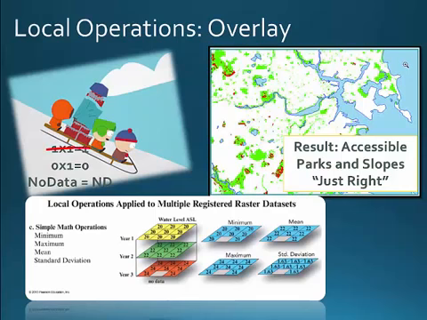So 1 times 1 equals 1. And 1 in the new layer would mean that these areas were both accessible and the slopes are good for sledding. 0 would mean that one or both of the parameters were not met. No data areas are not included in this analysis. Most commonly, this is used for suitability modeling or weighted analysis.